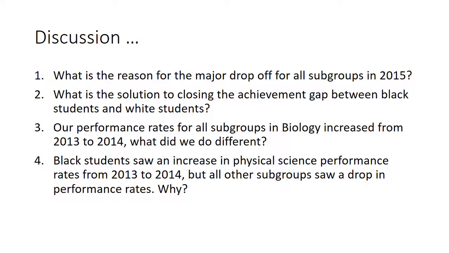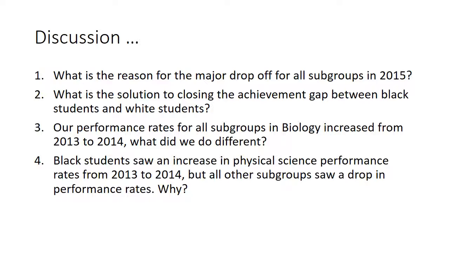The next thing is, what is the solution to closing the achievement gap between black students and white students? Our performance rates for all subgroups in biology increased from 2013 to 2014. What did we do different? What is the cause of the increase for the biology EOC proficiency rates? And then the black students saw an increase in physical science performance rates from 2013 to 2014, but all other subgroups saw a drop in performance rates.